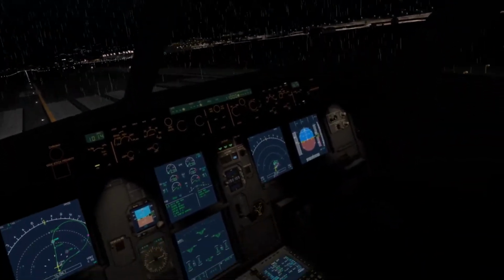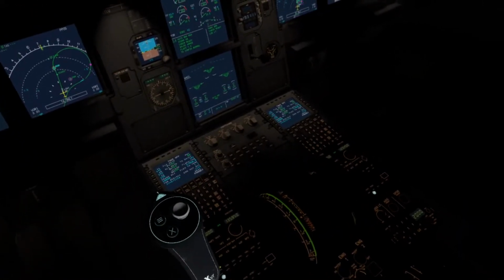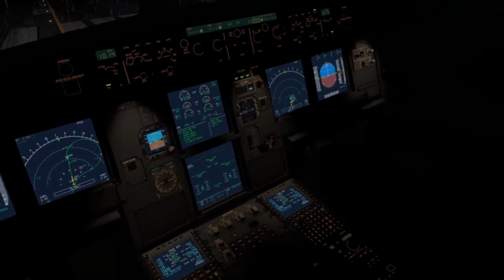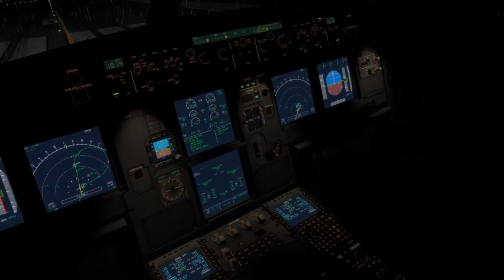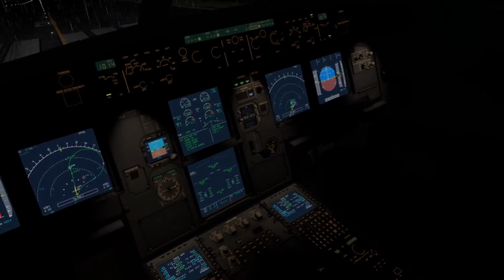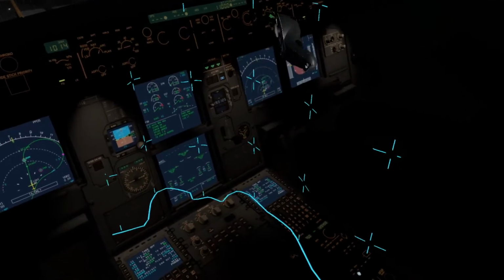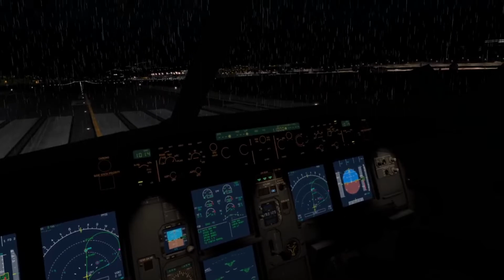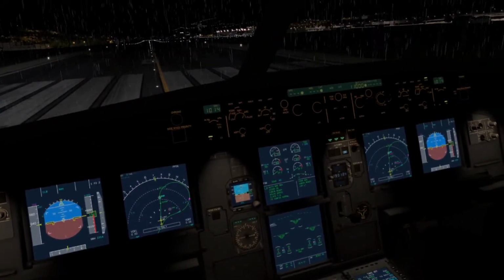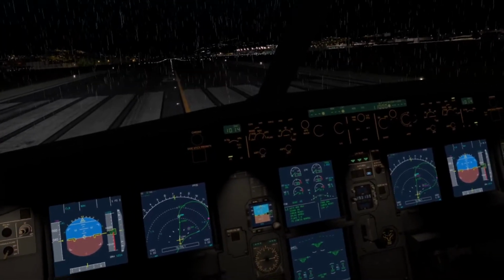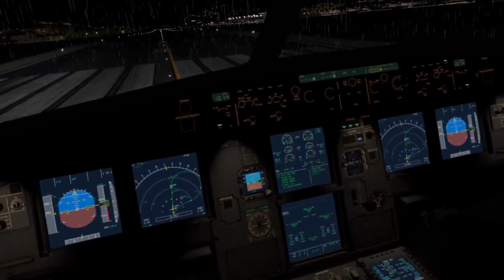So before takeoff checklist. Flight controls. Checked. Flight instruments. Checked. Briefing. Confirmed. Flaps. Config 2. Takeoff speed and flex temperature.